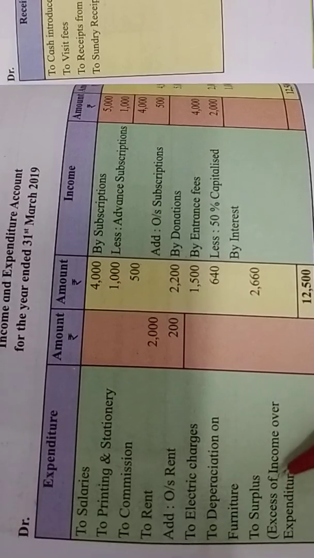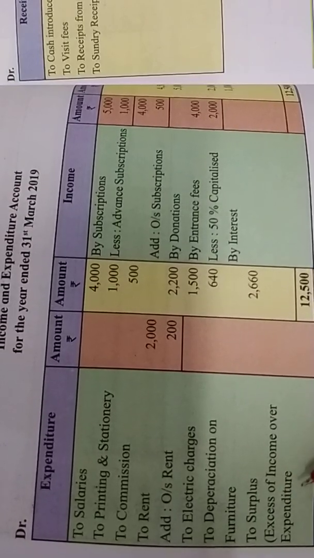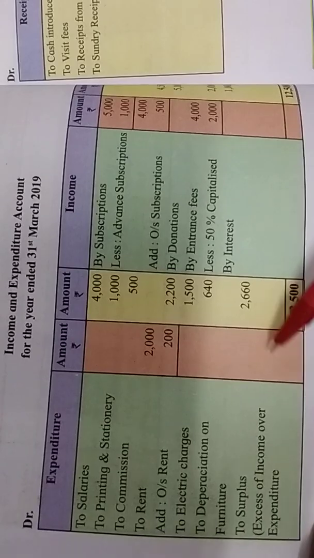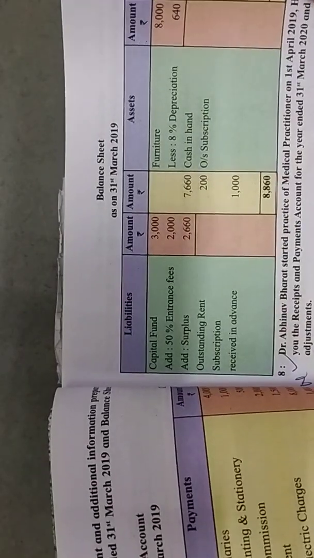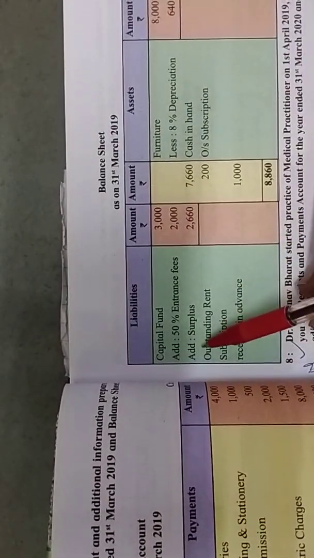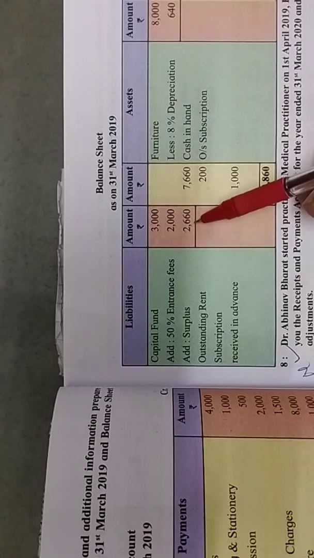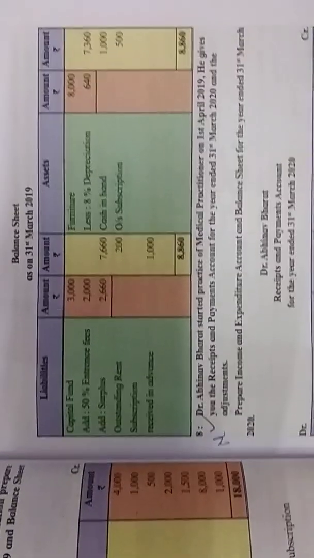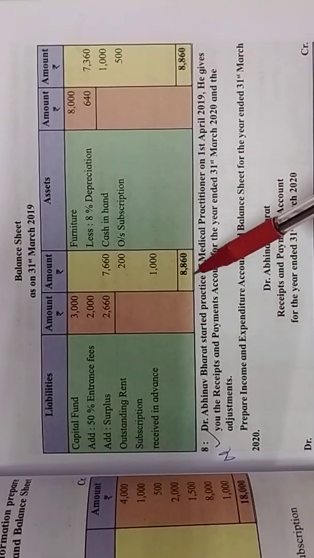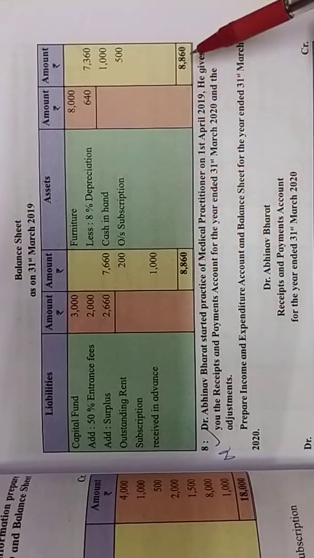You have to write this surplus on the balance sheet liability side: add it into the capital fund, add surplus 2,660. Now the balance sheet will tally at rupees 8,860.